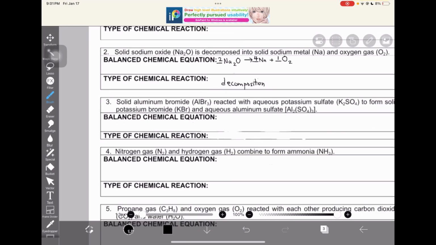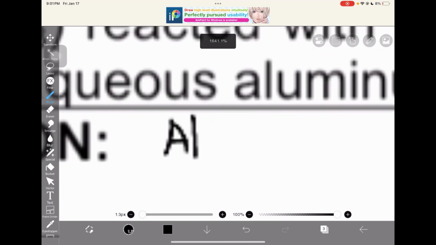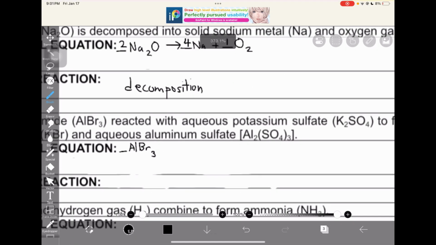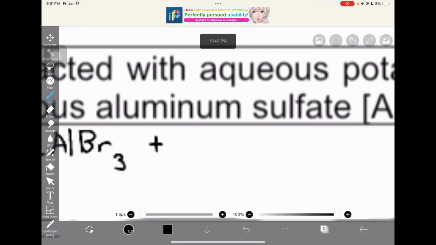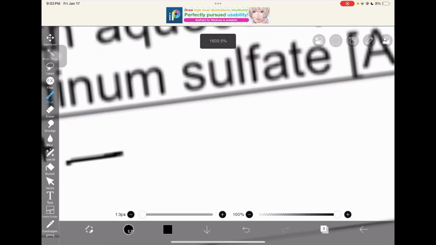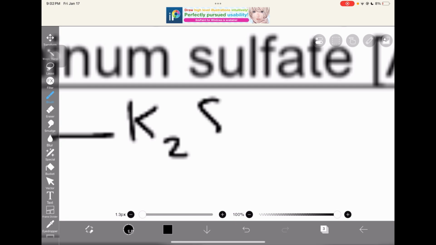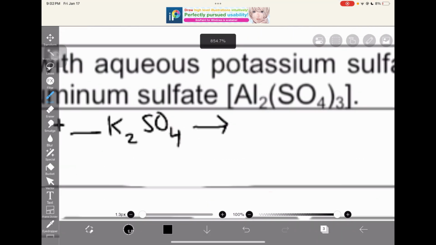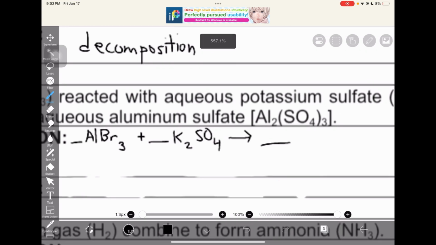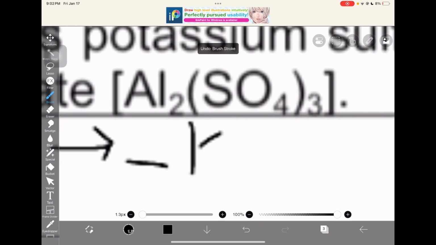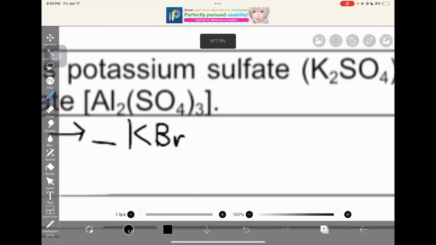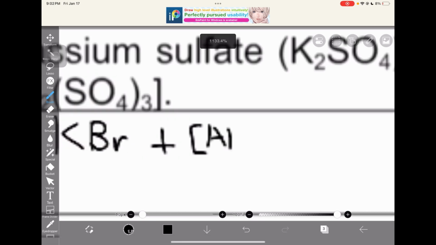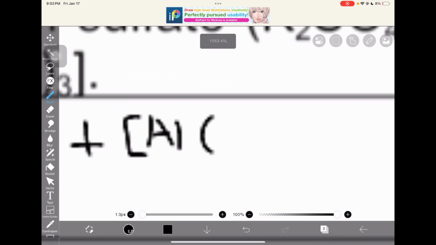Next, we have solid AlBr3, aluminum bromide, reacted with plus blank K2SO4, to form this KBr and, wow, that's a complex one, Al2(SO4)3.